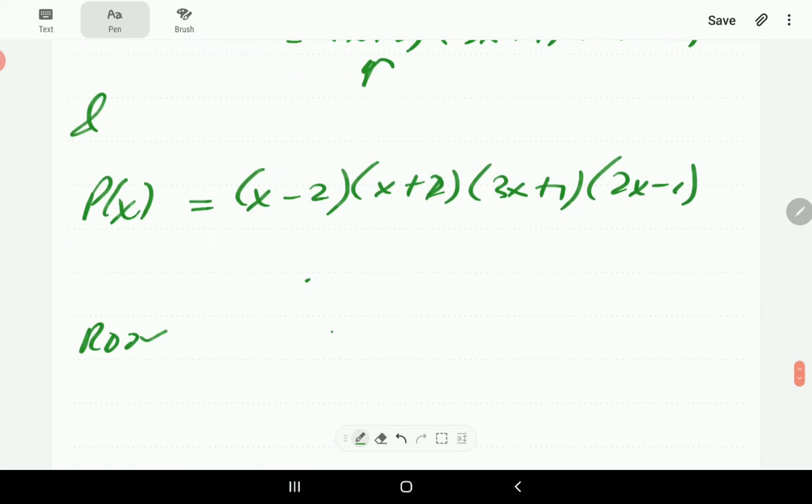Then the roots are x equals plus or minus 2 from these two, then from this one minus a third, and from that one 1/2.